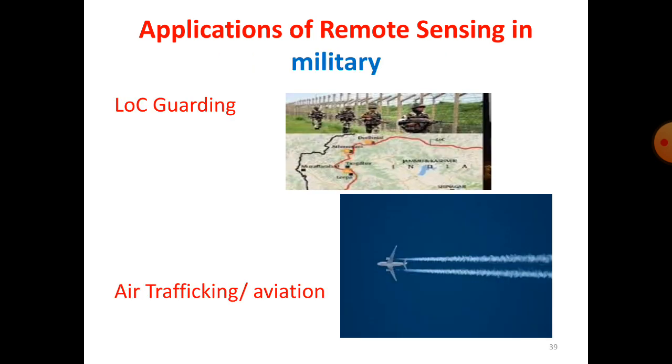Remote sensing is also used in the military field to guard the line of control. It also helps in air trafficking in aviation. Not only air trafficking, it is also used in road trafficking nowadays.